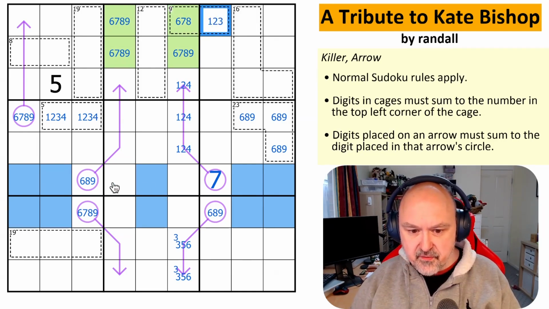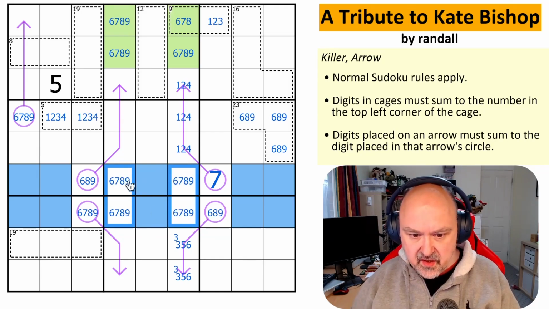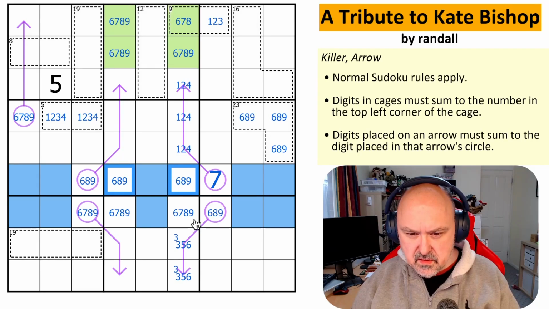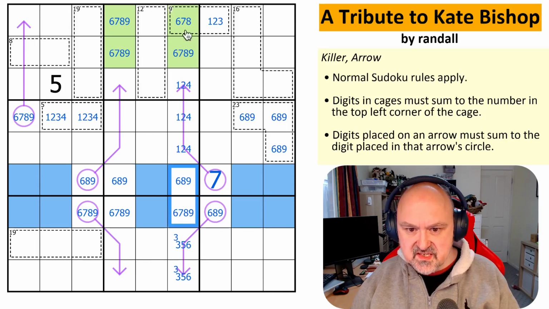These are 1, 2, 3, 4, 5, but the easiest way to pencil mark that is to make these 6, 7, 8, 9. I can't put 7 in those. This is 6, 7, 8, 9.